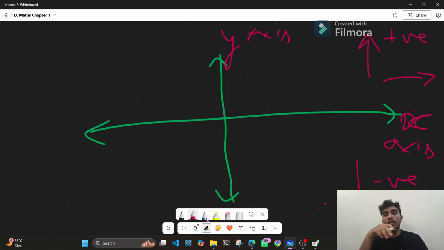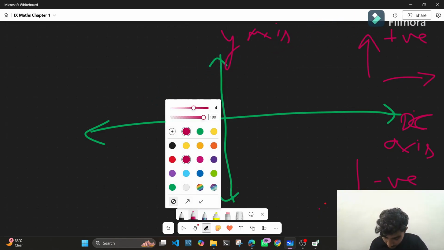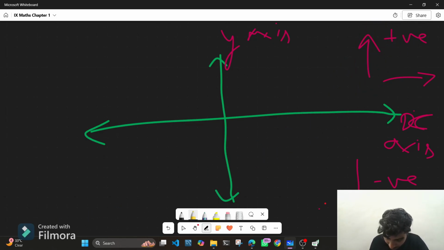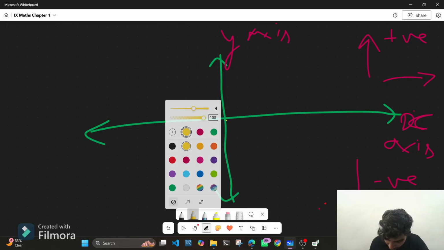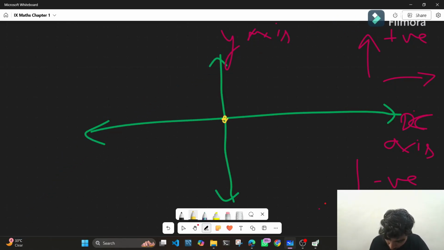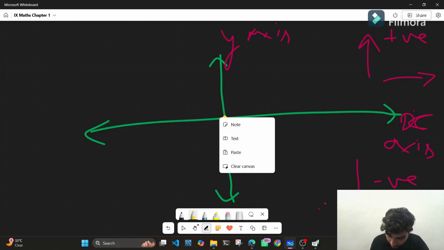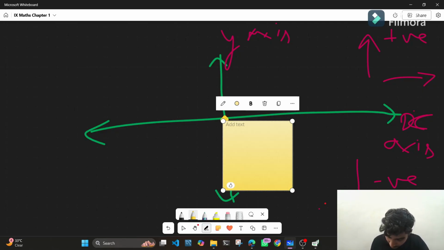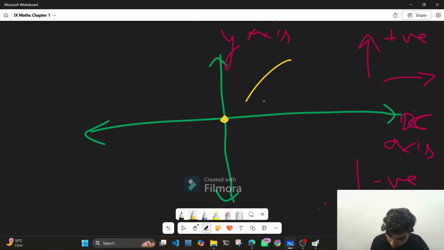Now I told you that we have 0 as well. So how do we denote 0, something that is called the origin? The intersection of the x and y axis is known as the origin. This intersection that you can see is called the origin, and this is denoted by 0 comma 0.